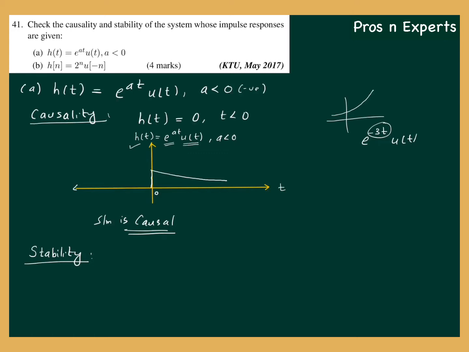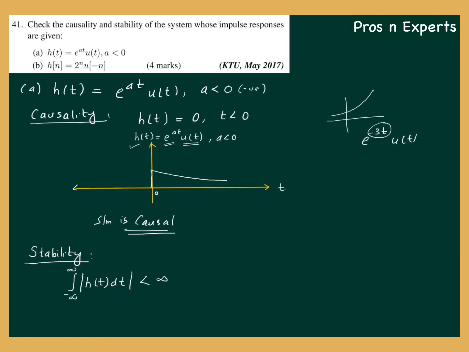The condition is the impulse response must be absolutely integrable. That means the integral from minus infinity to infinity of modulus of h of t dt should be a finite value, something less than infinity. That is the meaning of saying absolutely integrable.